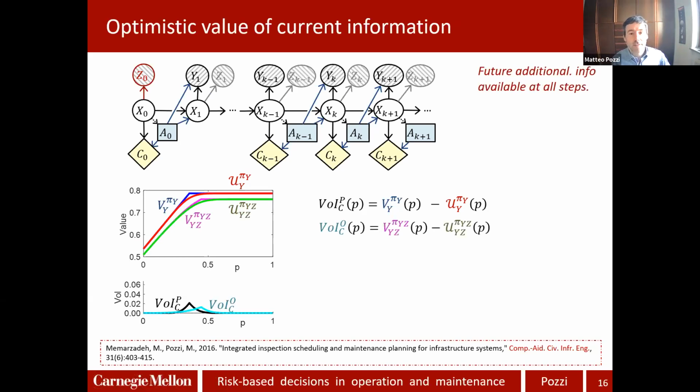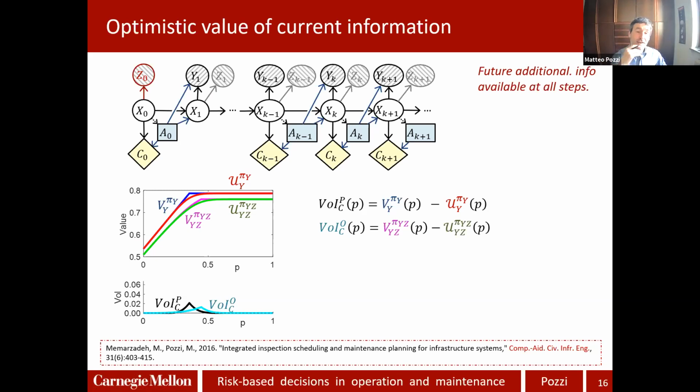On the contrary, the optimistic assumption, this is just our pretty naive definition, is related to the fact that you will always have information in the future. So with this alternative assumption, you can define another value of current information, which would be different. And this shows that the value of inspecting right now is highly related to what you do in the future.